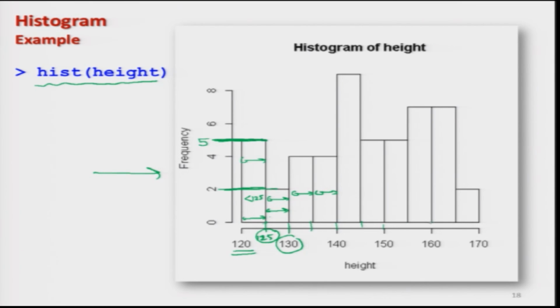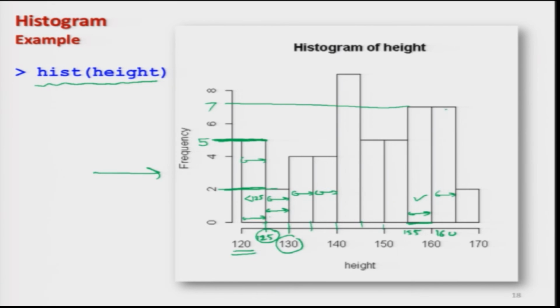Similarly, if I look at this interval, starting from 155 to 160, the frequency is close to 7. That indicates there are 7 values between 155 and 160, and the next bar has the same height.